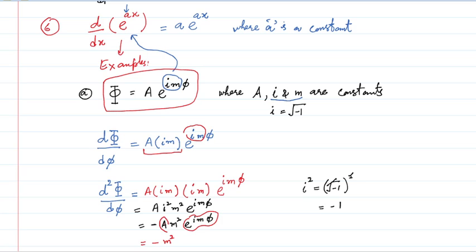Instead of writing a e raised power iota m phi, I can write simply capital phi. This is not necessary, but sometimes an equation will be given and you have to introduce the value to get the equation.